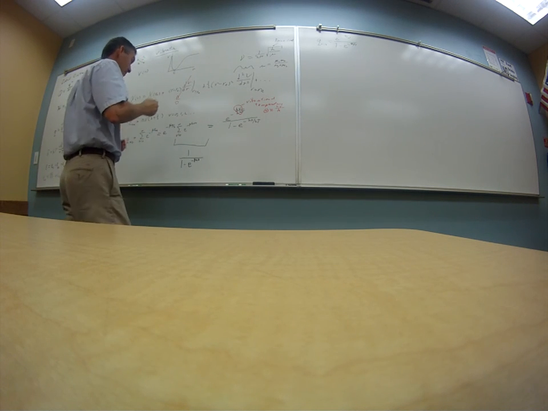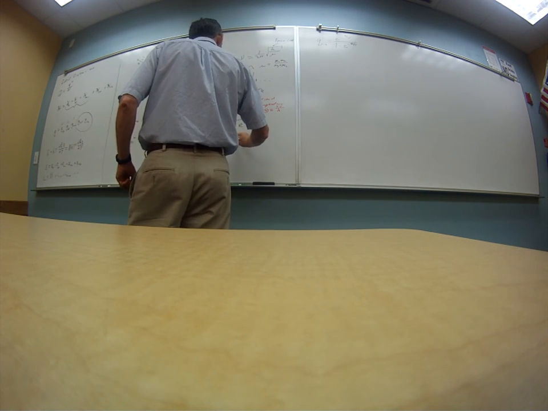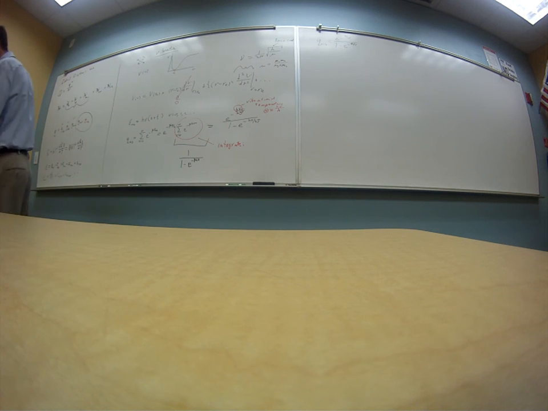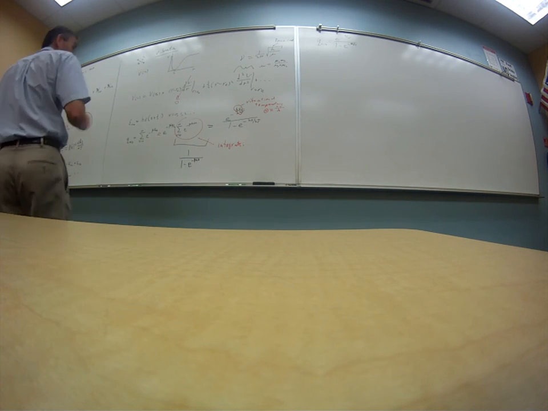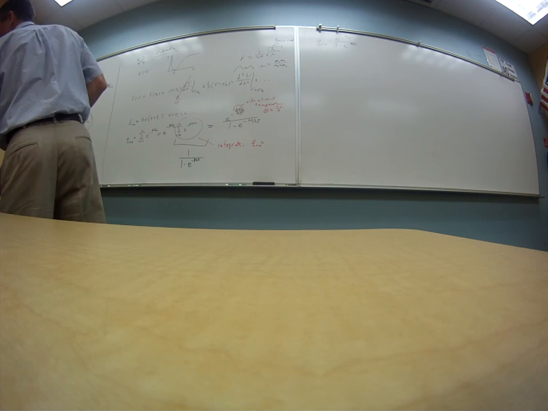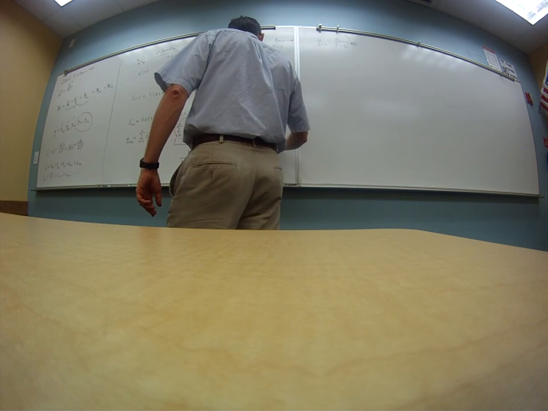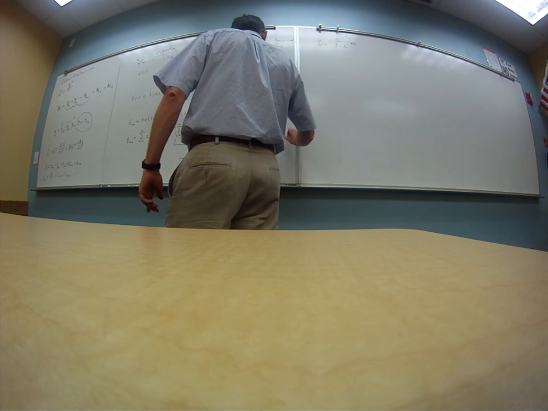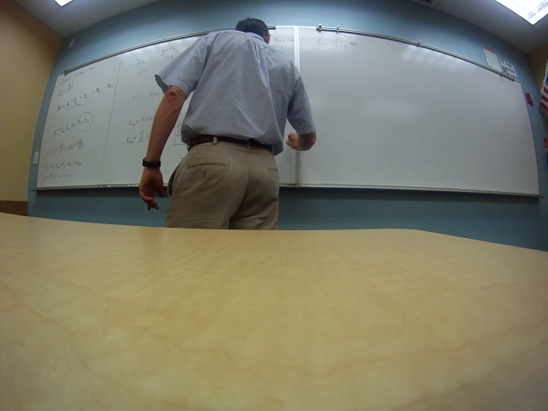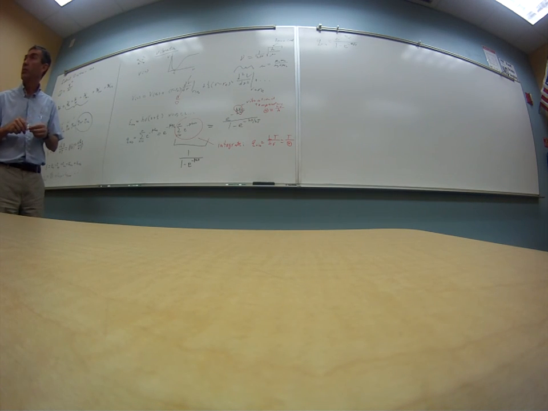But if we had done that, not necessarily a good idea, I won't bother going through the math, we would have gotten kT over h nu, which is T over the vibrational temperature.